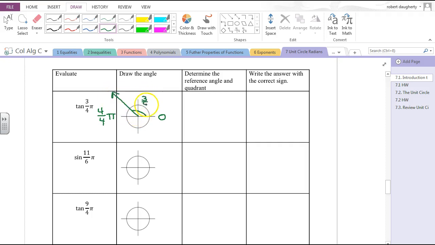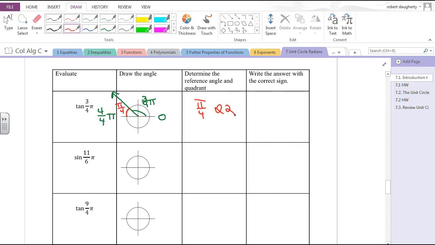So if that's 3/4 pi, what's the distance between 3/4 pi and 4/4 pi? Pi over 4, okay? So if I'm at 3/4 pi, it's pi over 4 to get to 4/4 pi. So this is a pi over 4 angle in which quadrant? Quadrant 2. So I'm looking for the tangent.